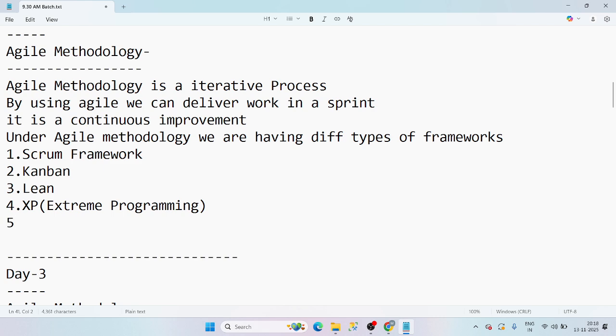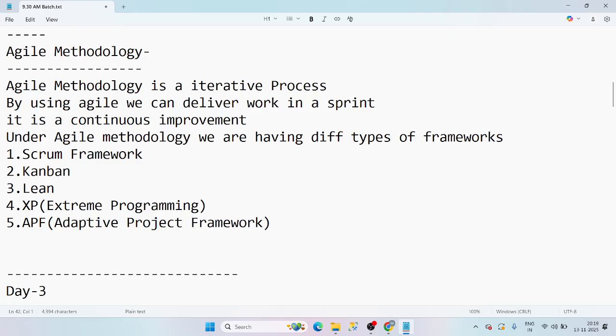And the fifth one is APF, adaptive project framework, like TDD, test driven development, like that.